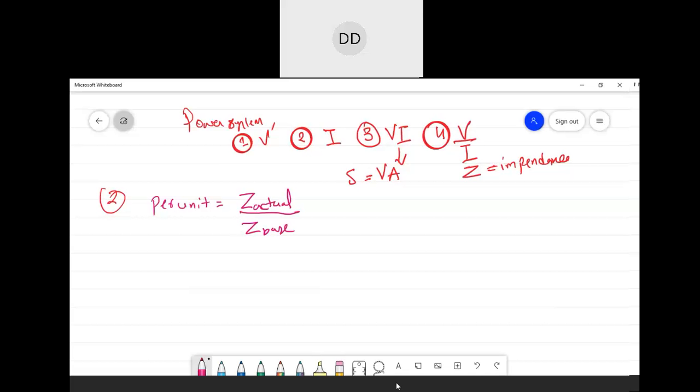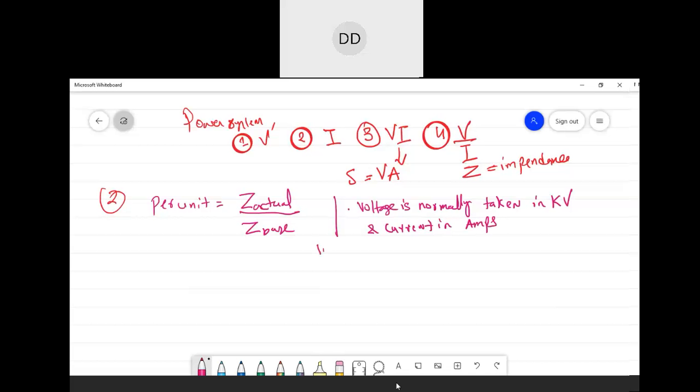If you have to operate the per unit system in the power system, your voltage is normally taken in kV, and current in amps. One more important point.